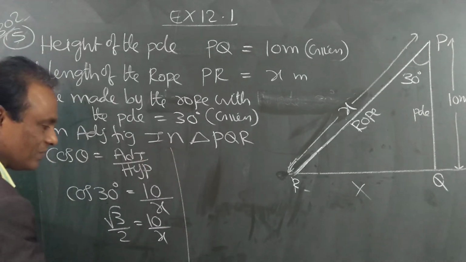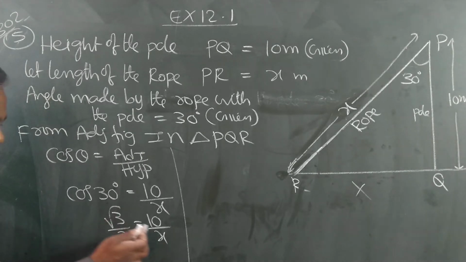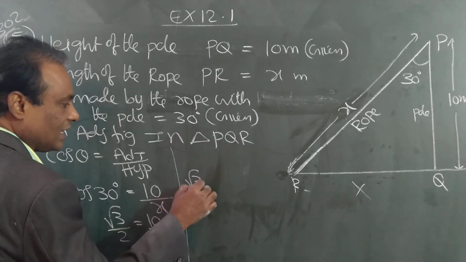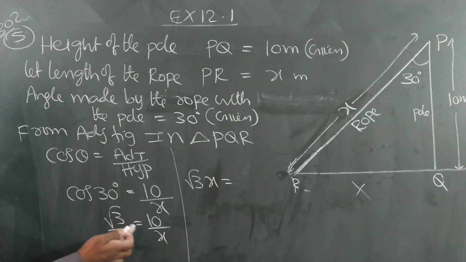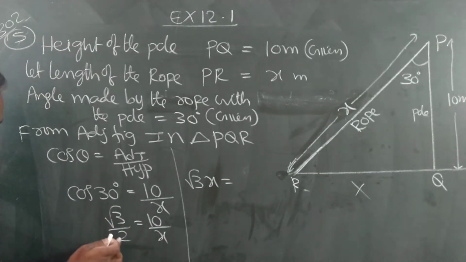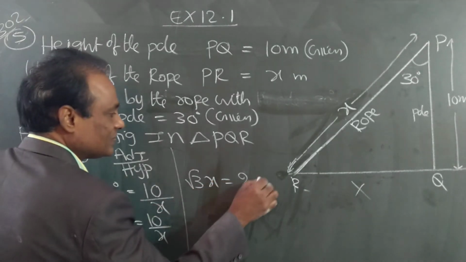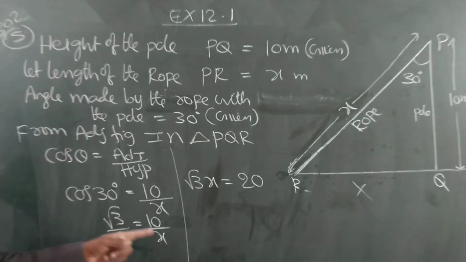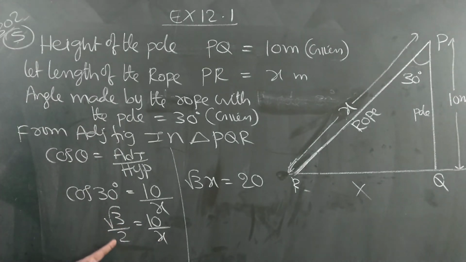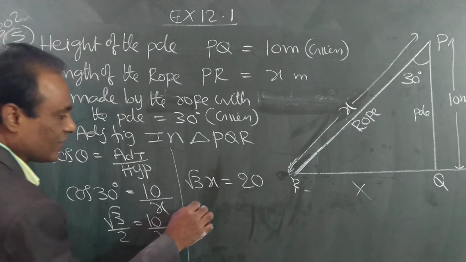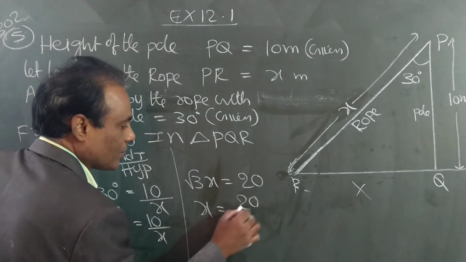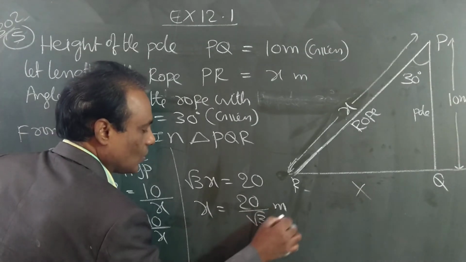Cross multiplication: root 3 into x, root 3x; x into root 3 is equal to 2 into 10, 20. So x is equal to 20 by root 3 meters.